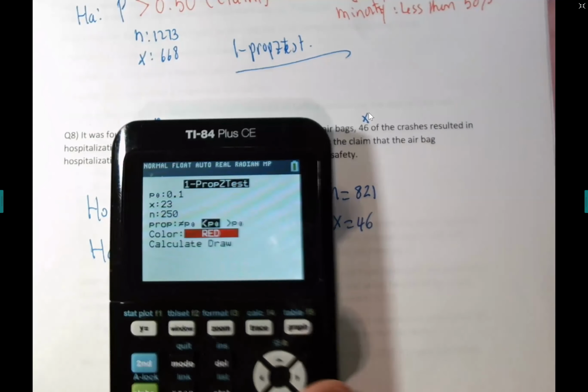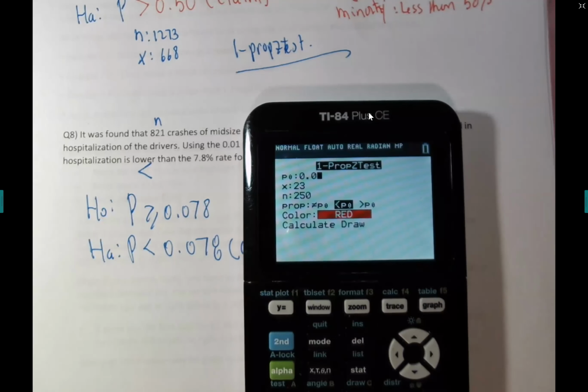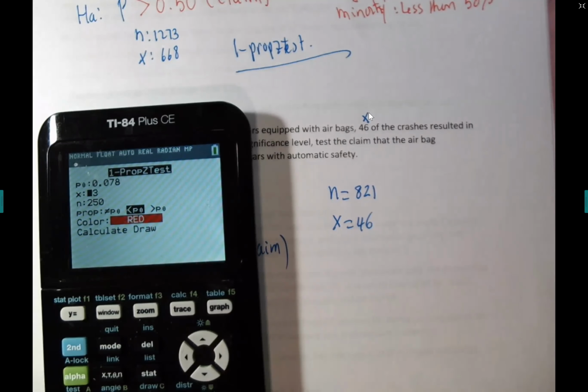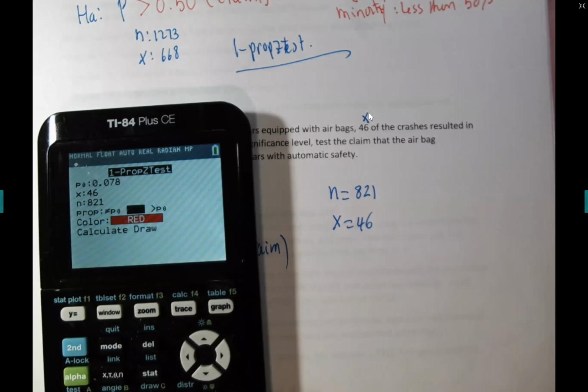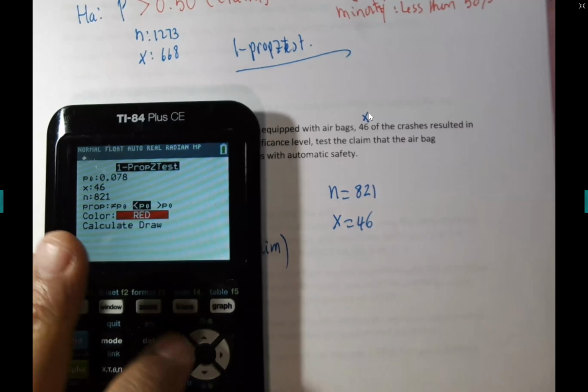So 0.078. Okay, now X is 46. N, guys, is 821. Less than. And then calculate.